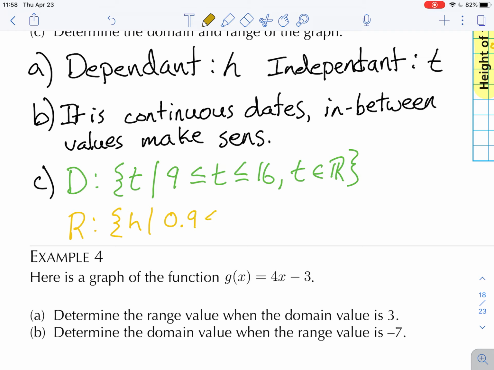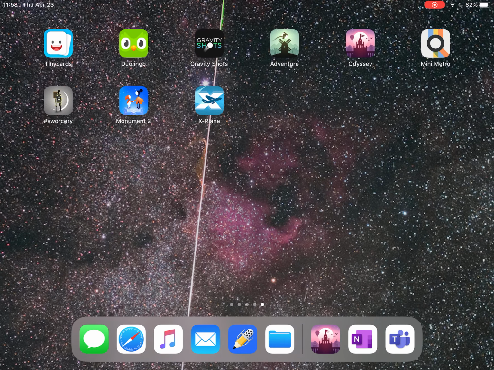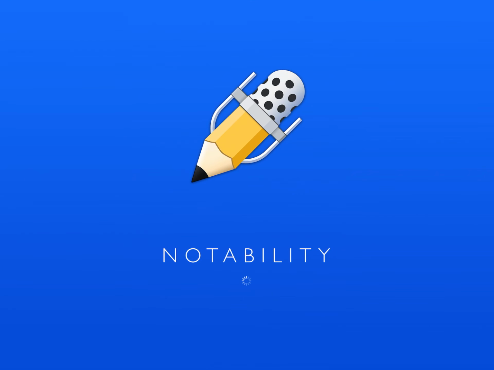So our range is all of our heights such that 0.9 is our lowest, and the height is bigger than that, and less than 1.5. And height could be any real number. So we've got our domain and our range, and we were able to determine if this was continuous or discrete data.